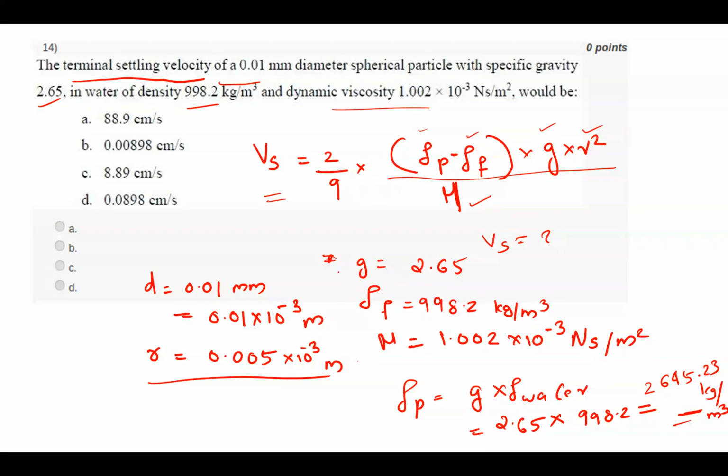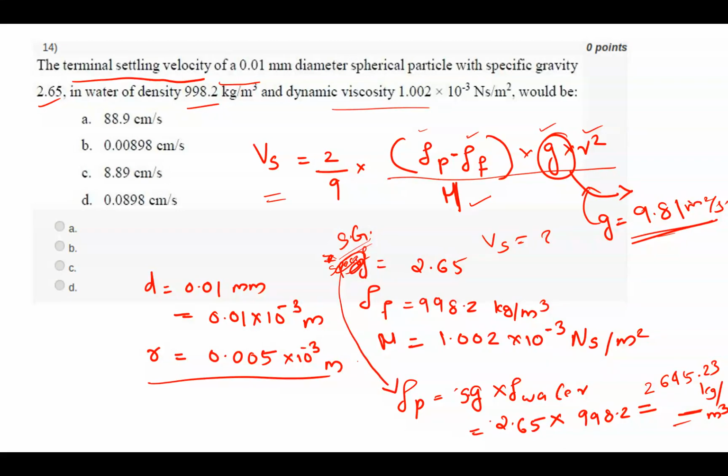Sorry, one more thing here. This is specific gravity, SG, that we are calculating for this. So this is different. What is the value of G? Acceleration due to gravity. These two are different. This is specific gravity that we use to calculate the density of the particle.